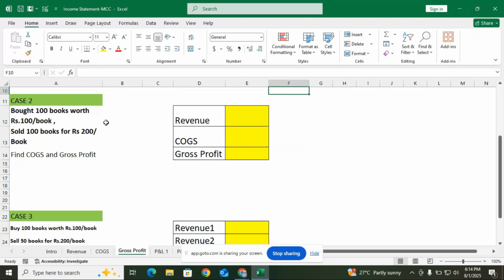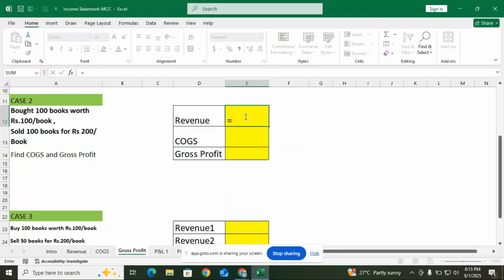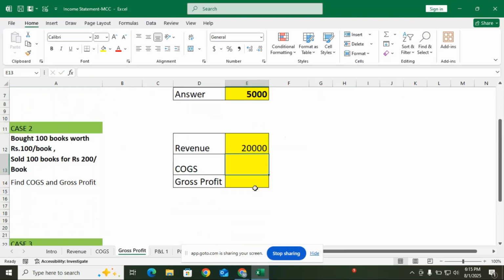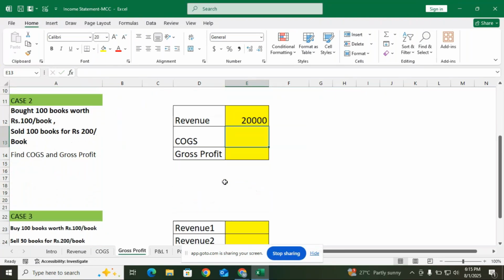Now what is the total revenue generated on the sale of 100 books? It is 100 books into 200 per book, so equals 100 into 200. So this is your revenue generated, 20,000. So what is the COGS now? Cost of the goods sold. How many books were sold in total? 100 books were sold.